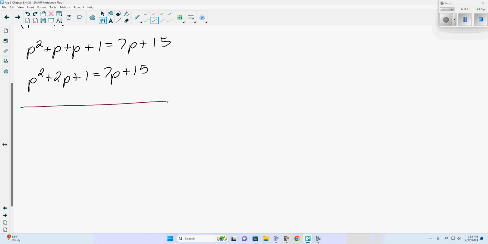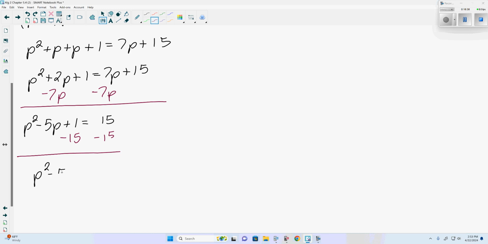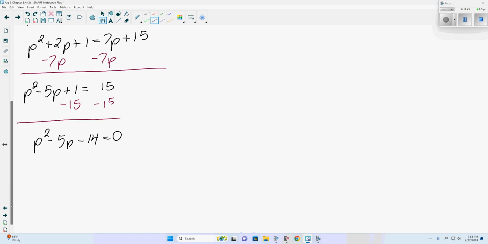We could. I would go the other way. Because if we minus 2p, it would mean we'd also need to minus 1 and minus p squared. We'd move 3 things. But if we subtract the 7p, and then we would minus the 15, gives us p squared minus 5p minus 14 is equal to 0.